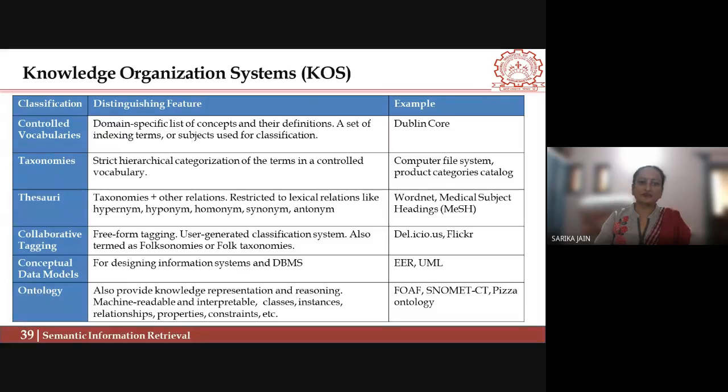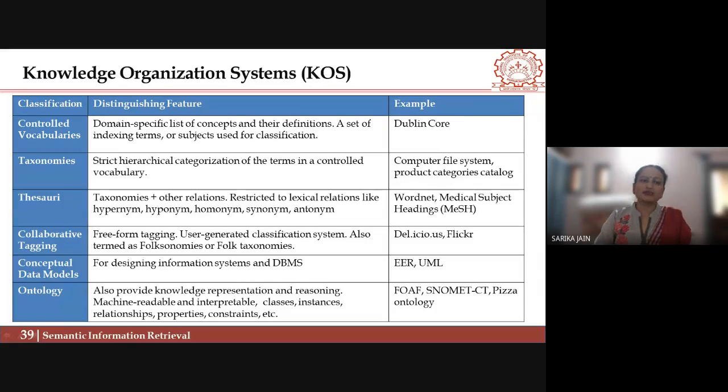Okay, this slide was missed. I will do it in short now. We started from controlled vocabularies when people came to know about knowledge organization systems. The best example is Dublin Core. Controlled vocabularies have only a domain-specific list of concepts. There is no hierarchy and no relationship between the concepts, just like a dictionary.